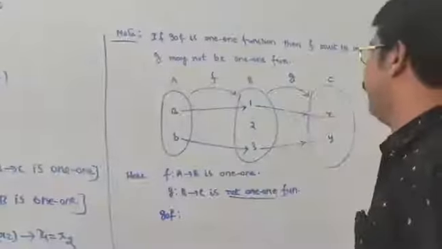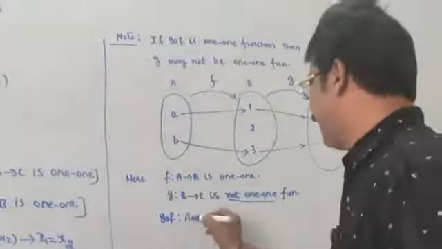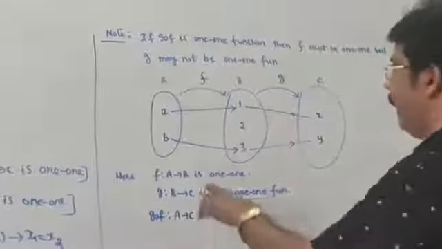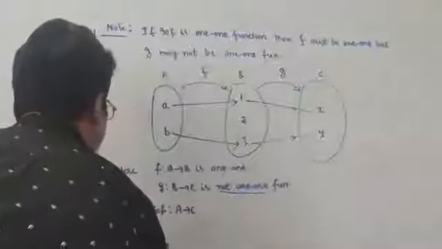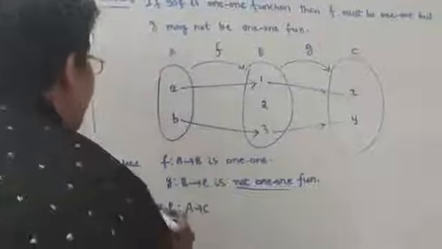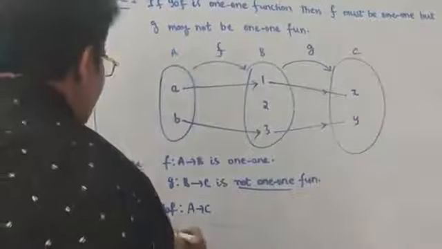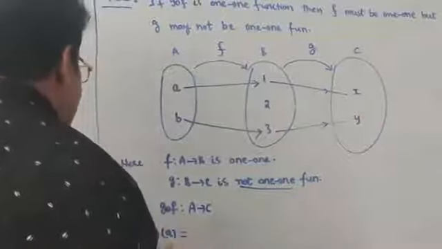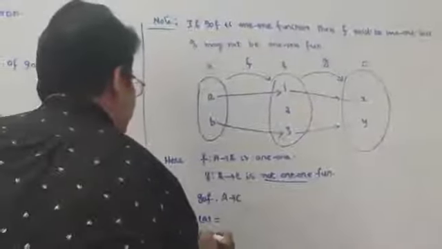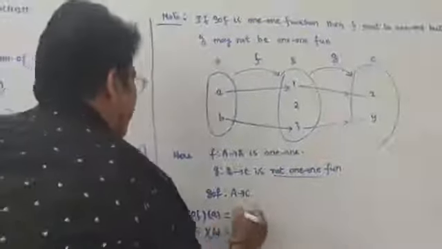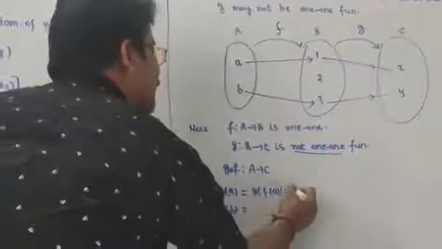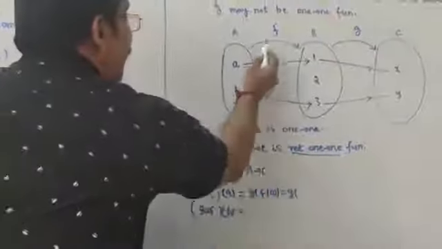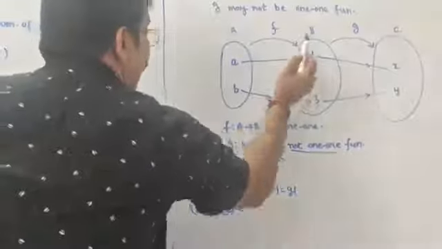G circle F from A to C means G circle F of A. So G circle F of A is G of F of A. F of A equals 1.